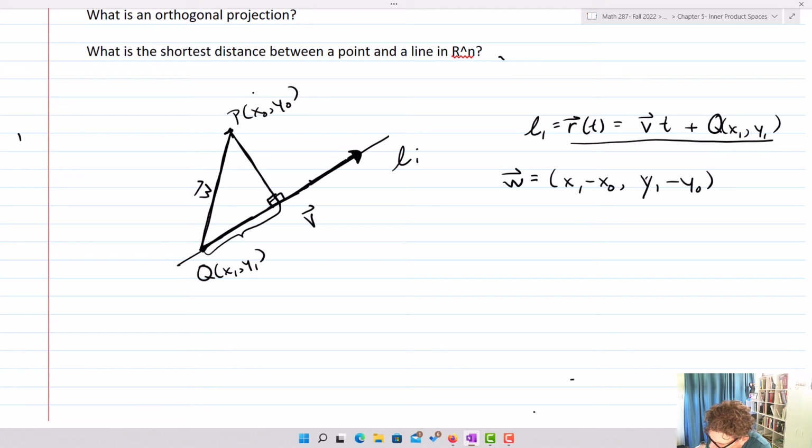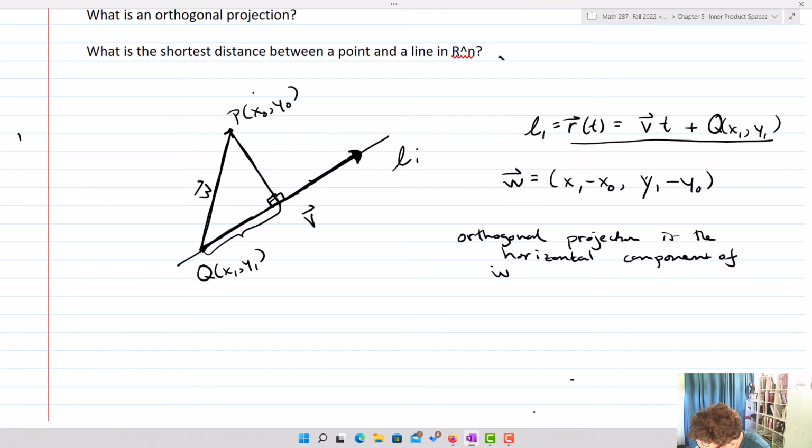All right, so our orthogonal projection is the horizontal component of W, all right, essentially of W onto V.